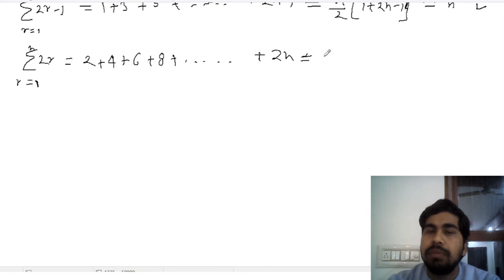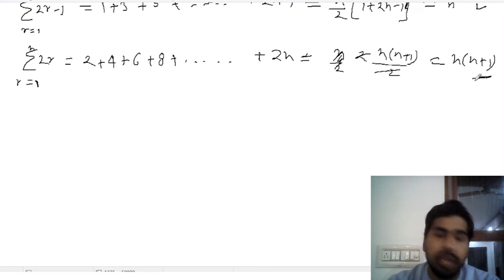We take 2 common, this becomes 1 plus 2 plus 3 plus 4 up to n. This is twice the summation of the first n terms, which is n times n plus 1 divided by 2, so it becomes n into n plus 1. These are all important points of an AP.